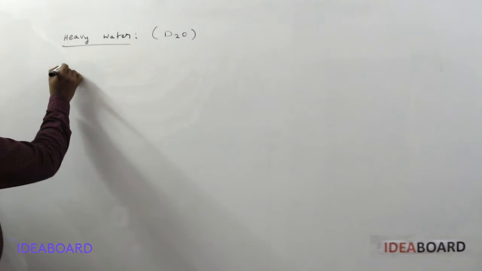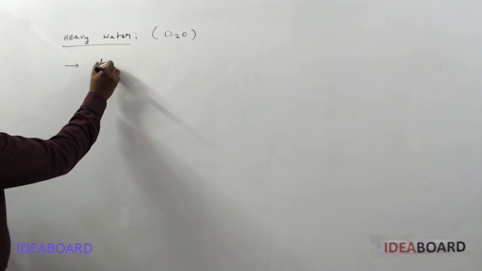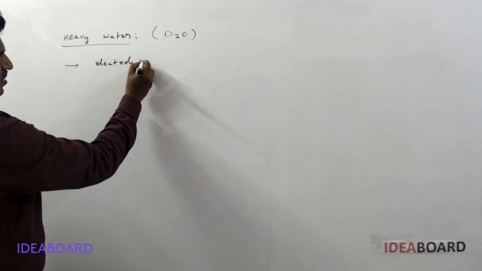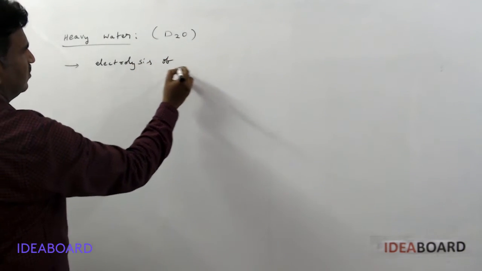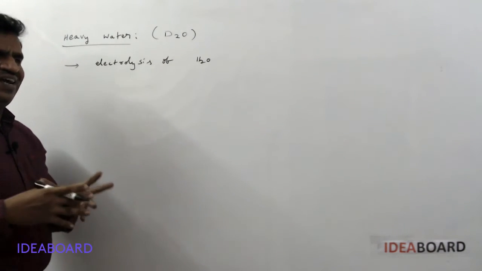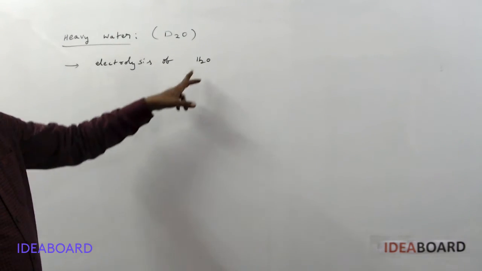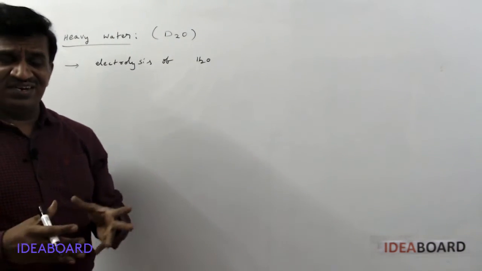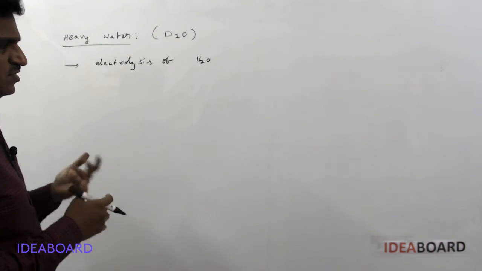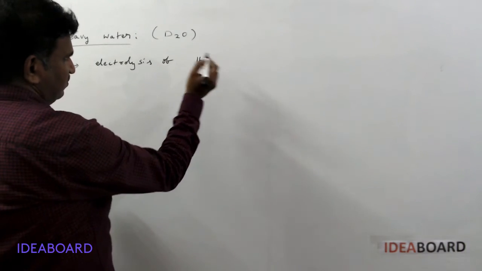How we can prepare it is by electrolysis. The heavy water can be prepared by the electrolysis of ordinary water. The repeated and prolonged electrolysis of ordinary water will give the heavy water. Nearly 6 times it is repeated. After 6 times repetition, we will get heavy water.